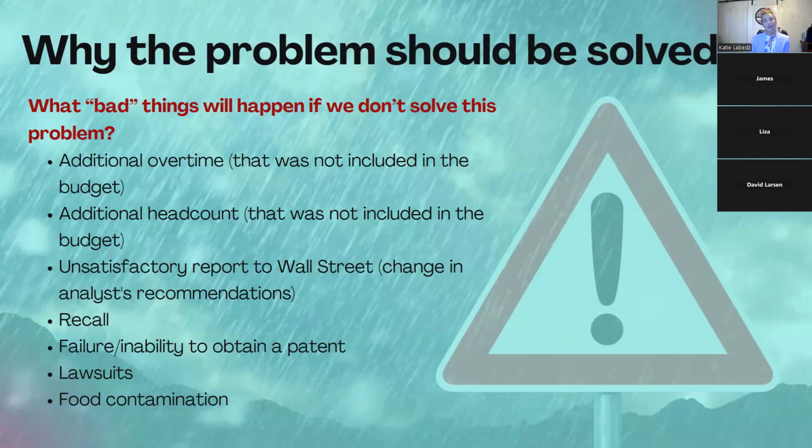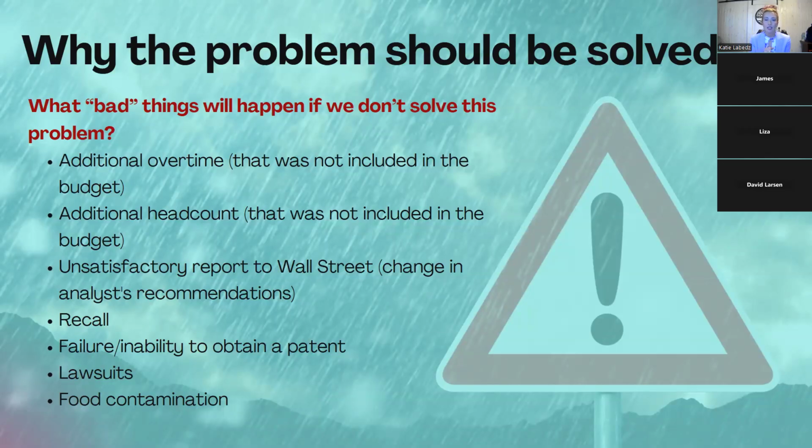And then we want to list out why the problem should be solved. So my interpretation of that bullet point is, what bad things will happen if we don't solve this problem? Maybe it's additional overtime, and additional overtime that wasn't included in the budget will get you noticed. Additional headcount.